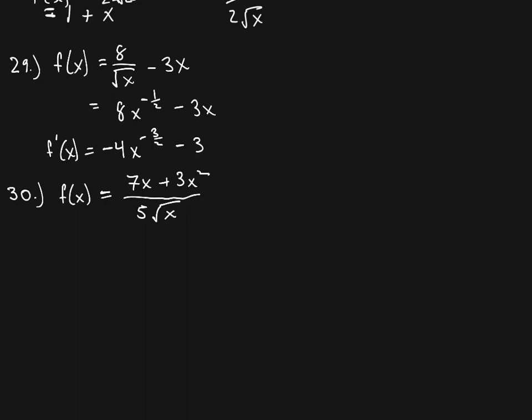One way to do it is just to break this numerator into 2 parts, or really to break this entire fraction into 2 parts. So we can rewrite this as 7x over 5 root x plus 3x squared over 5 root x. Those two are exactly the same thing.